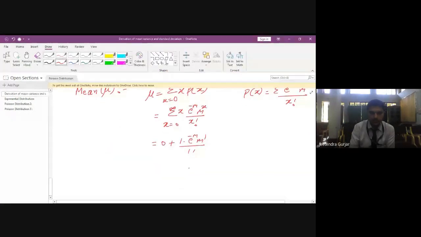Okay. Now we'll just simplify, substitute the values now, one by one. Now please substitute 2 as x is equal to 2.